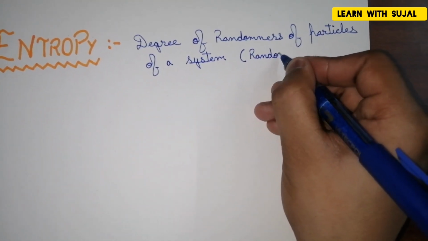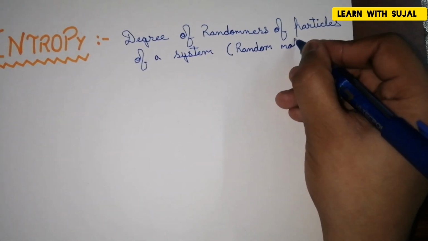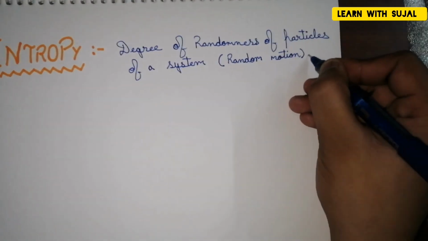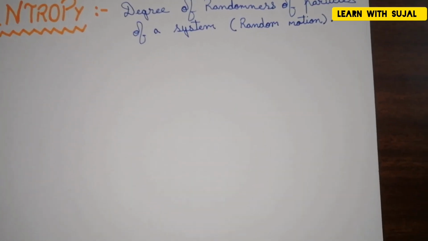Take an example of ice. If we melt ice, then its molecules will do a kind of motion, and that motion is known as entropy. If we melt ice, the next state will be the liquid state, so it will have more entropy. The entropy level will increase.